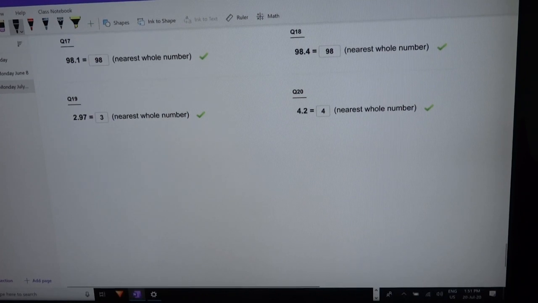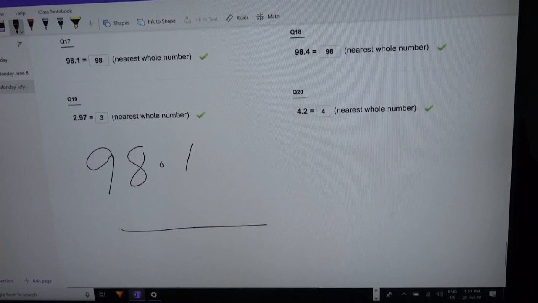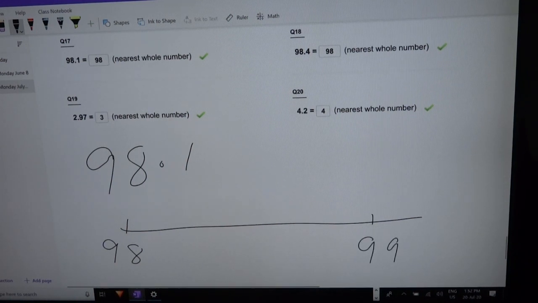So 98.1, they suggest having a number line. So we start with 98, and the next whole number up would be 99. So what they're wanting us to do is to work out where our number is between 98 and 99.